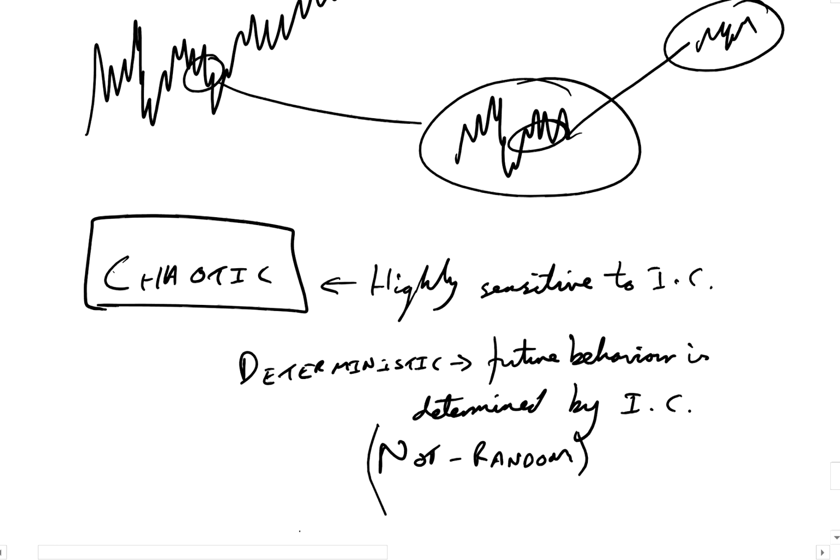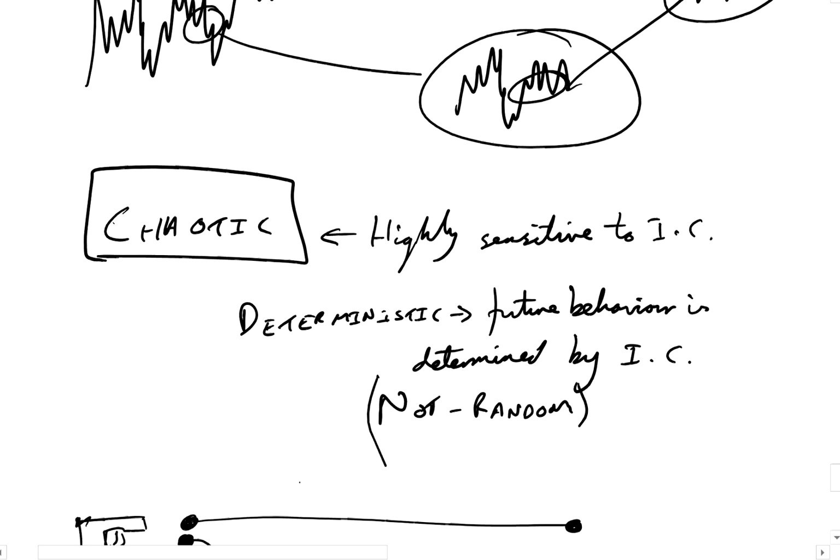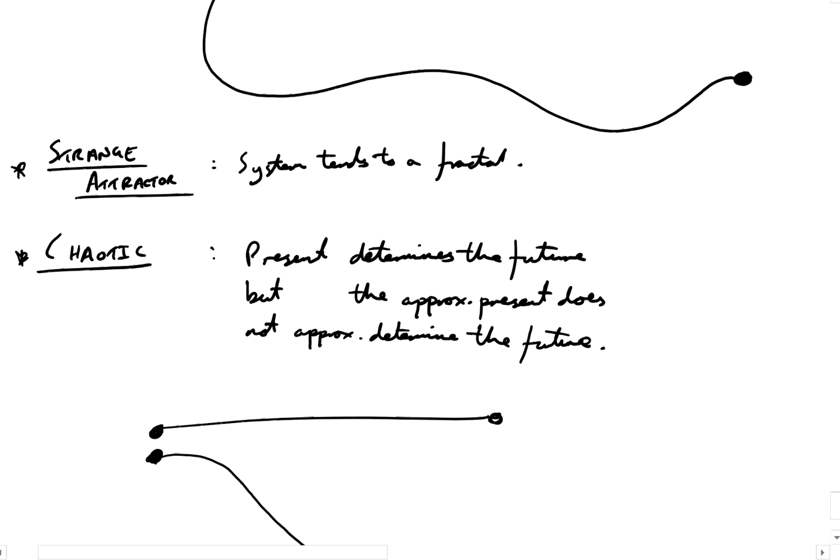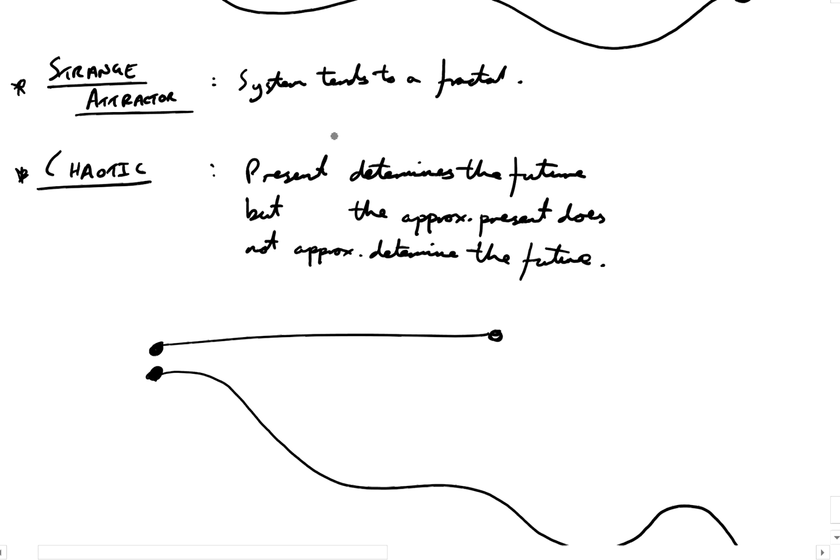So we've got strange attractor and chaotic, and I've summarised it down here. Strange attractor just means that a system will tend towards a fractal. And chaotic is basically that the present value determines the future, but the approximate present value does not approximately determine the future.